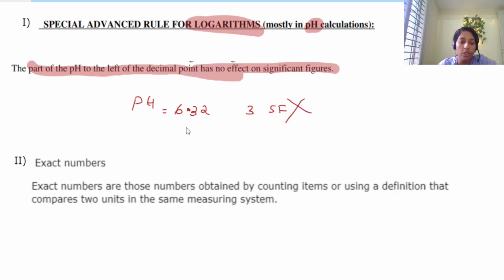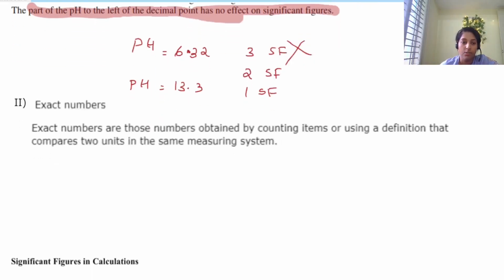So 6.32 has only two significant figures. While you are dealing with pH values, be careful, do not count all the digits. Suppose pH is equal to 13.3. How many significant figures? Only one significant figure. After the decimal point only you need to count. Clear? Right, that's the first special case.